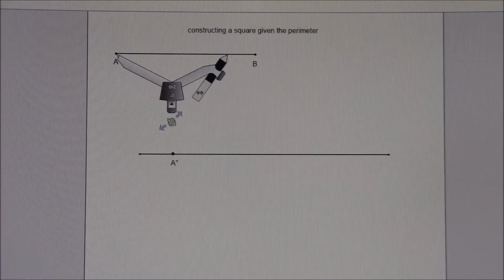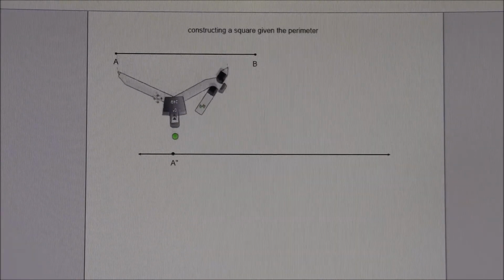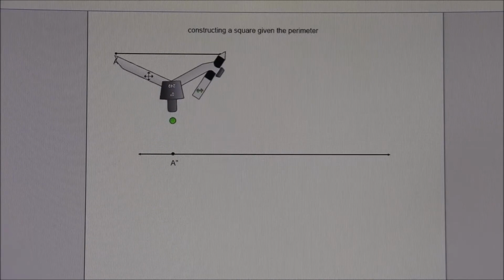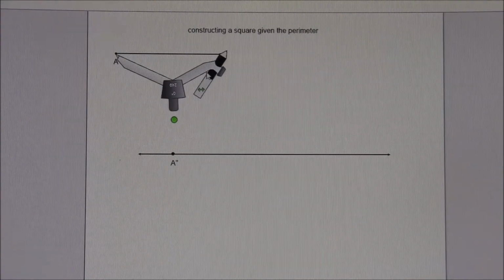Alright, so I've got to make this a little bit shorter. Alright, let's see. Much better.